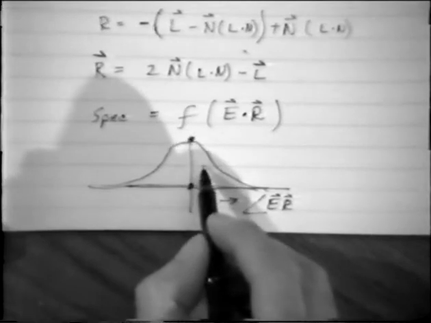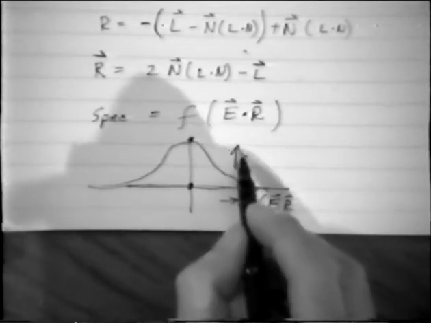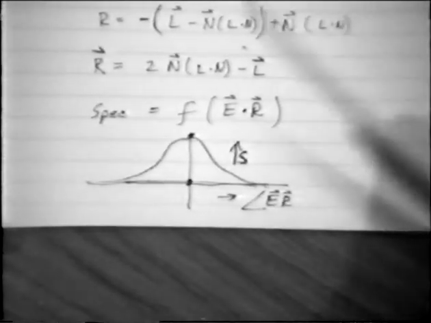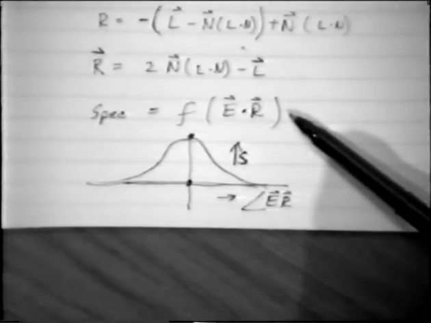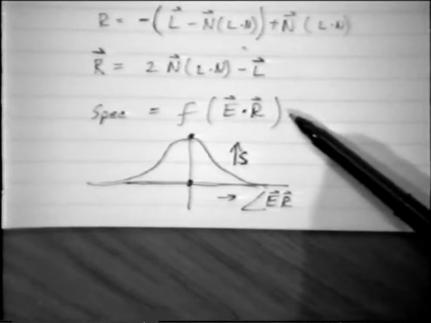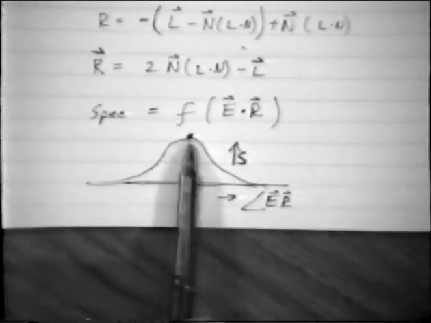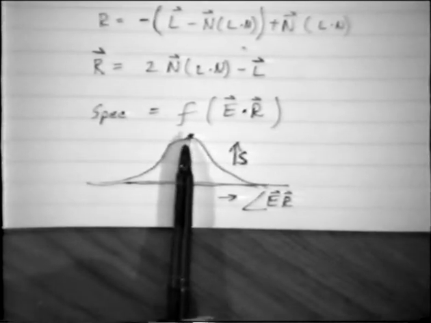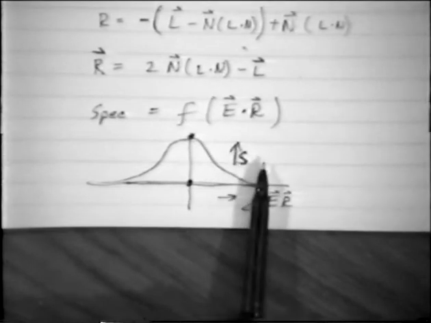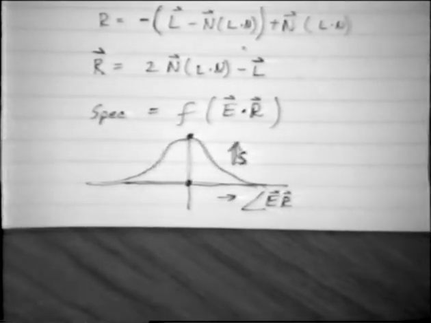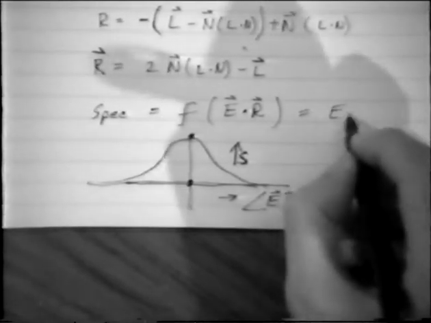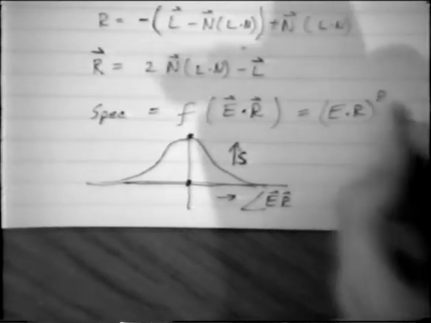Let's label this axis S, specular amount. E dot R in that case is going to be equal to 1, actually. And so as E dot R is equal to 1, then we're at this point here. When E dot R starts getting closer and closer to 0, that means the angle between the two is getting closer to 90 degrees, and it moves up here and falls off. Now the function that Phong happened to use for this was E dot R to some power.